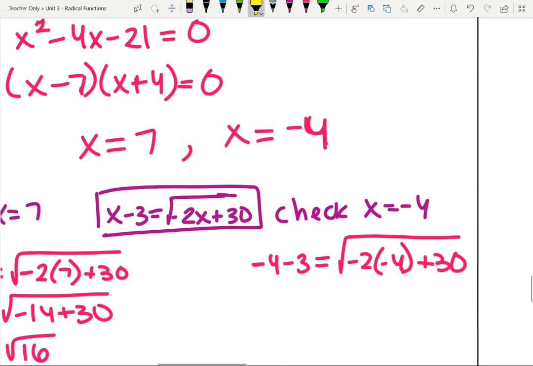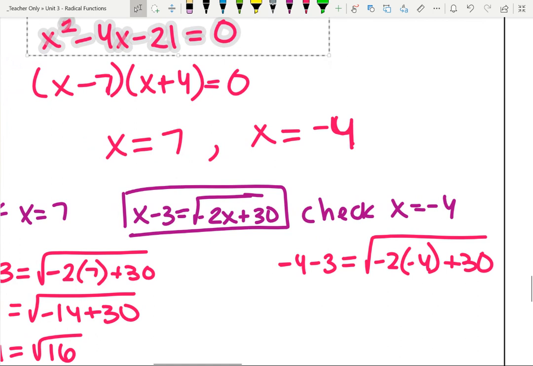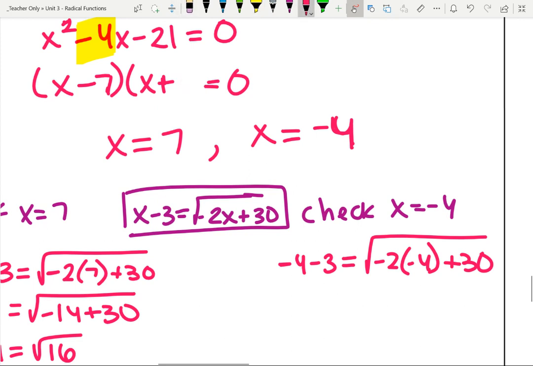I did. My factorization wasn't quite right there. When I have minus 4x right there, I want negative 7 and positive 3. So let me adjust that really quickly. This should be plus 3. And so that would change my solution to negative 3. And that's what I'm going to check. My apologies.